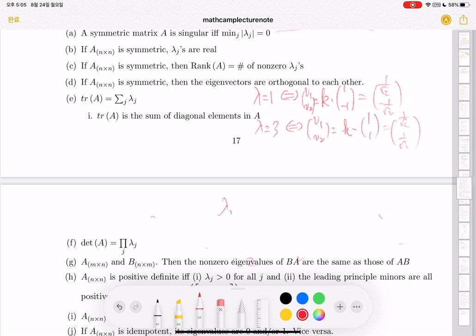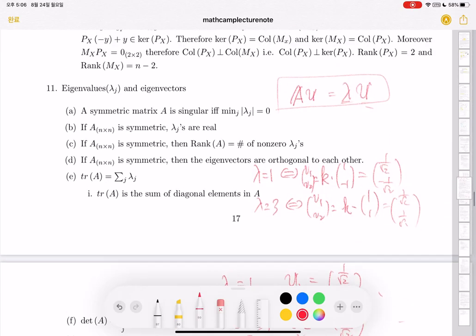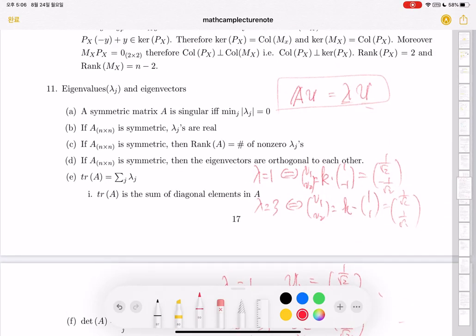Lambda 1 is 1, and the associated eigenvector v1 is 1 over square root 2, minus 1 over square root 2, and lambda 2 is 3, and the associated eigenvector v2 is 1 over square root 2, 1 over square root 2. Okay, that's how you find eigenvalues and eigenvectors. Alright, I want you to do an exercise about finding eigenvalues and eigenvectors.